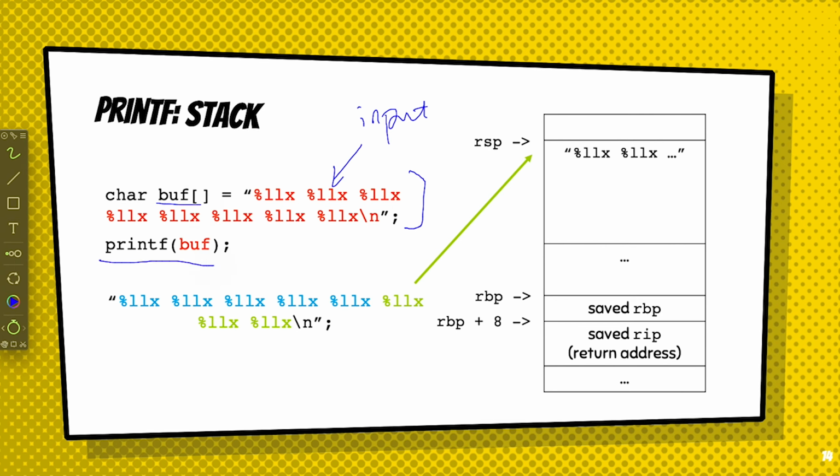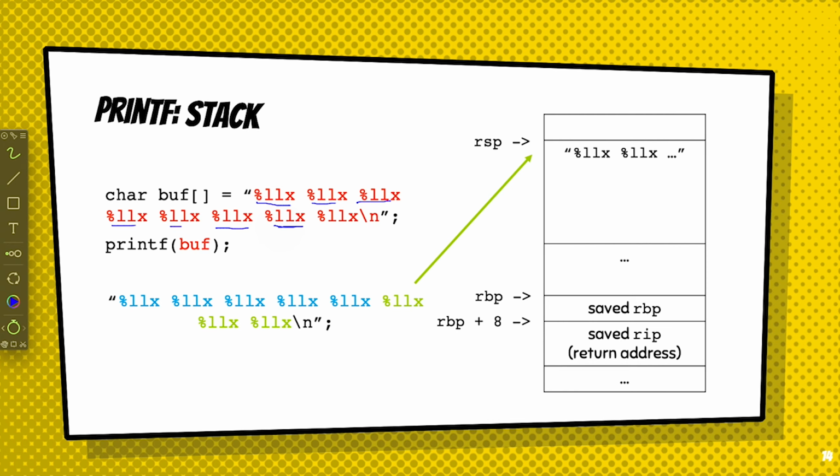printf the buff. And also let's assume that right now, buff is the only local variable in the function. That means that RSP, which is the bottom of the stack, will point to the value of buff. So in this case, when we printf buff, we're going to count 1, 2, 3, 4, 5, 6.